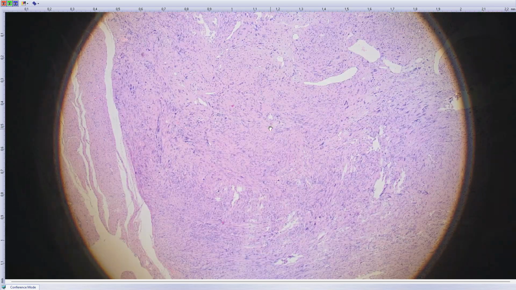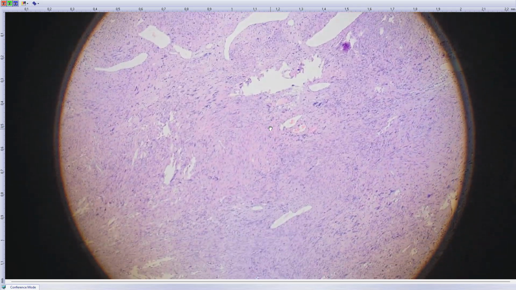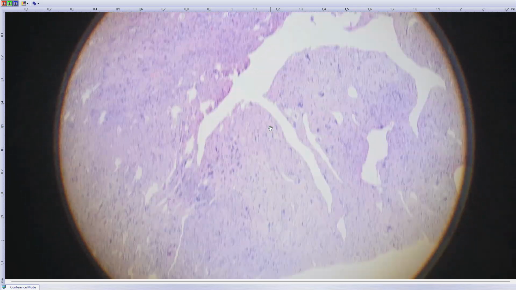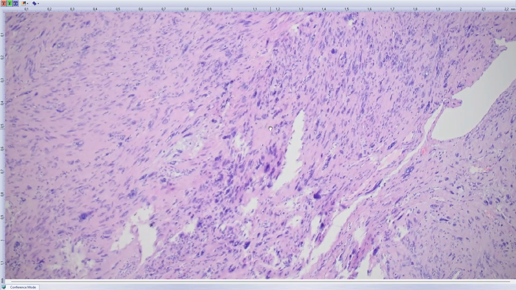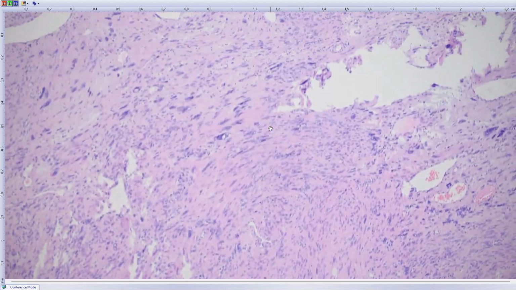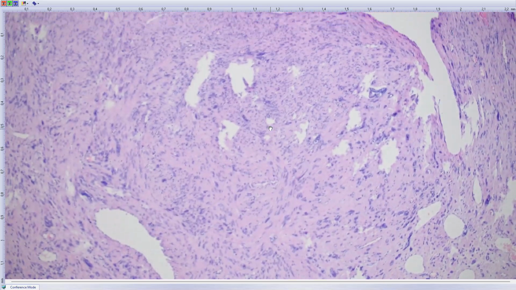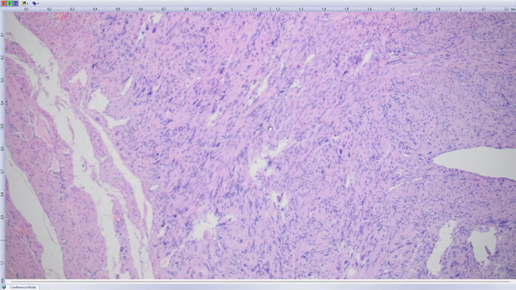And here is the morphology of the leiomyoma, and I got to review 19 paraffin blocks from the tumor, and almost all of the blocks look the same in this fashion. So what we can see is a spindle cell tumor which is composed of atypical cells with almost bizarre, very large and pleomorphic nuclei.